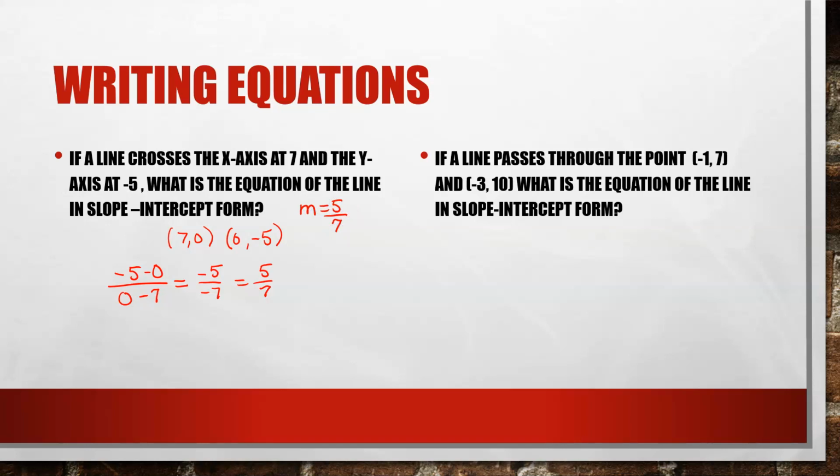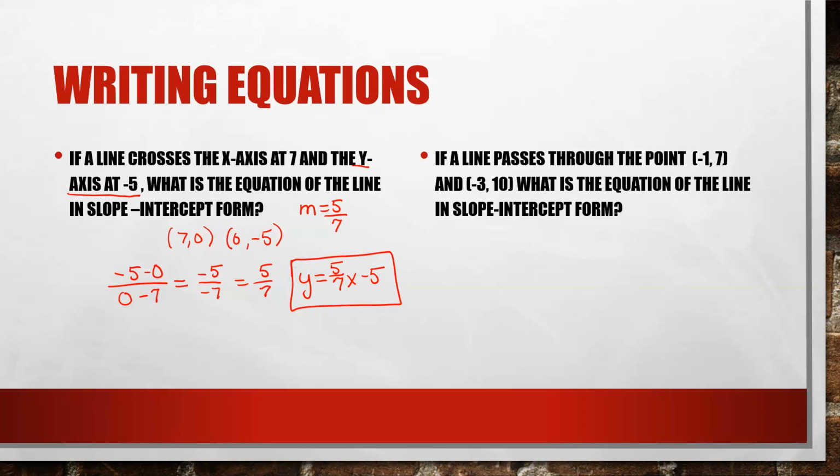Okay, let's plug that in. We don't even need to find the y-intercept because they already told us. It's right here. So in our formula, we're going to plug in our m, and then this is our y-intercept. They give it to you.